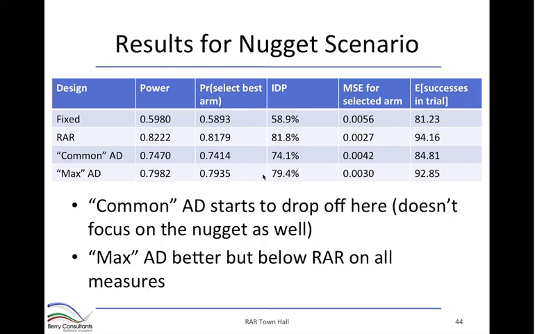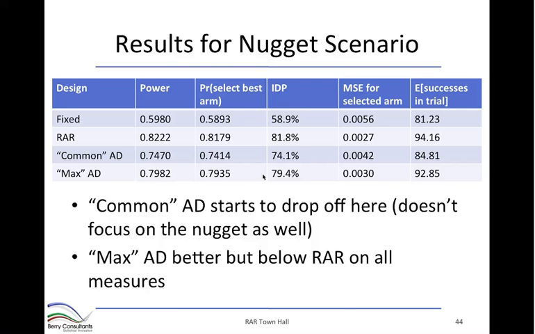You can see probability of selecting the best arm, qualitatively the situation is about the same in terms of the ordering. The mean square error is a somewhat interesting column. Actually, the common arm dropping doesn't maintain a lot of the advantage. So for the fixed, you're at 0.0056. RAR cuts that in half.